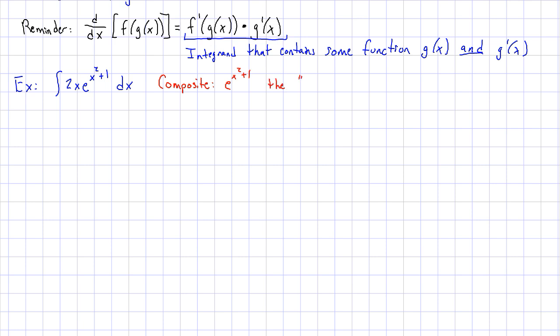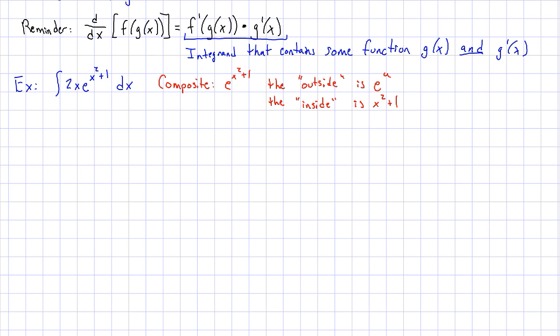The outside function is e to the u, just call it u, something. The inside component is the x squared plus 1. So that exponential, the e function, is the outside and the x squared plus 1 is the inside.